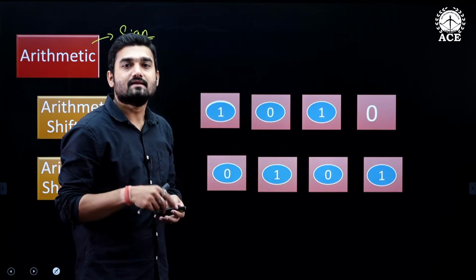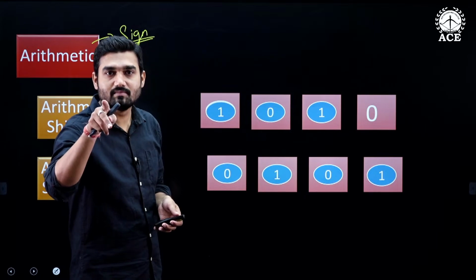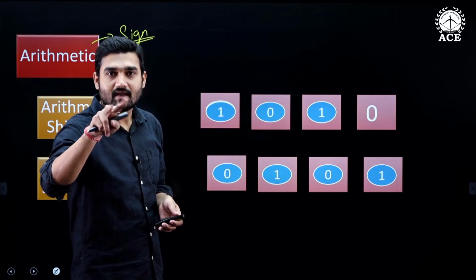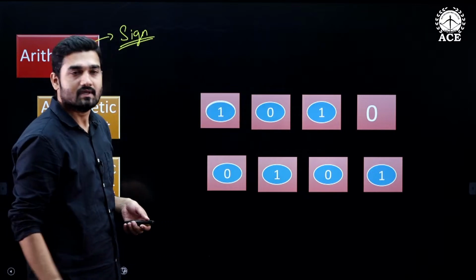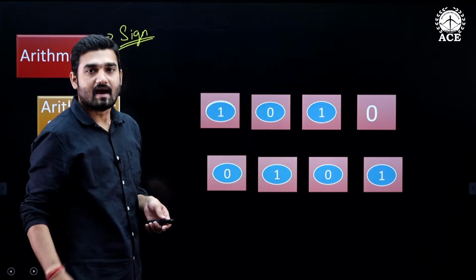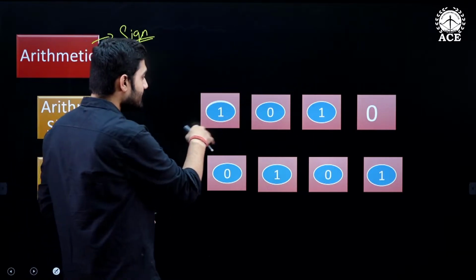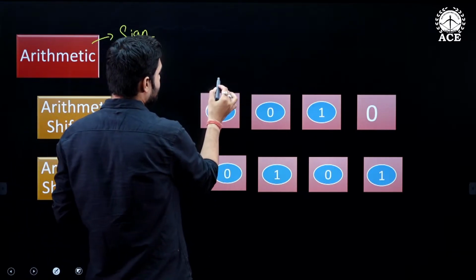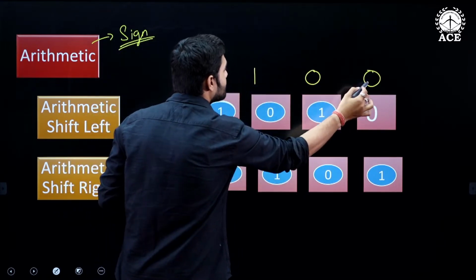But the MSB and the bit next to the MSB do not always have the same value. Let us say this is my new content. Again, if I do arithmetic shift left, I'll get this value: 0 will come here, 1 will come here, 0 will come here, 0 will come here.